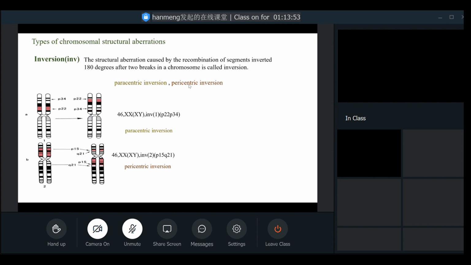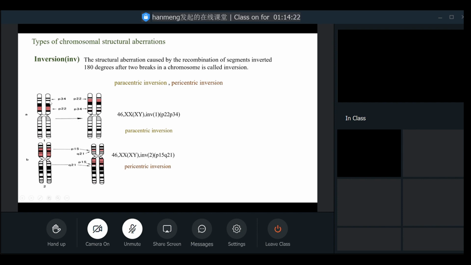Inversion means the structural aberration caused by the recombination of segments inserted 180 degrees after two breaks in a chromosome. Here, from this picture, in our example A, it occurs on chromosome 1.